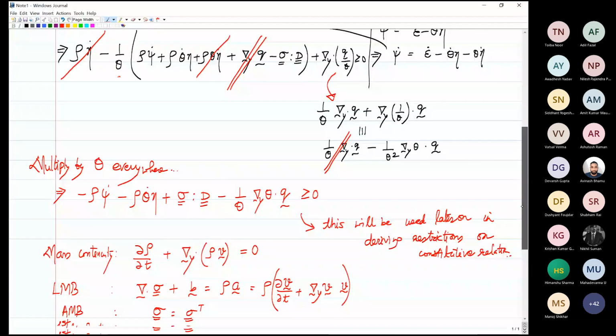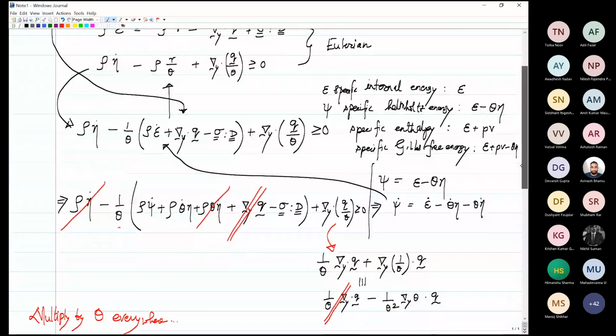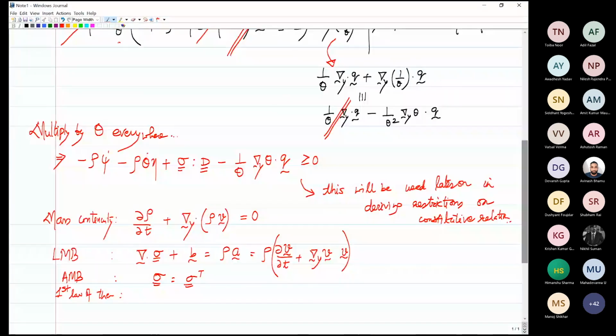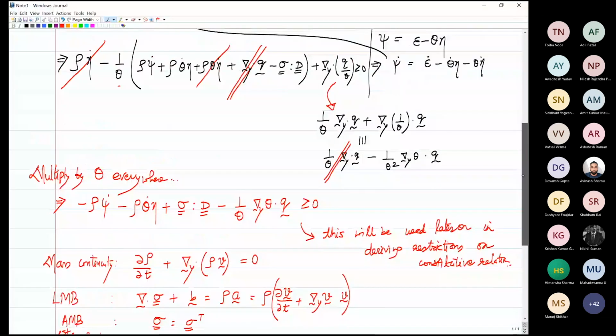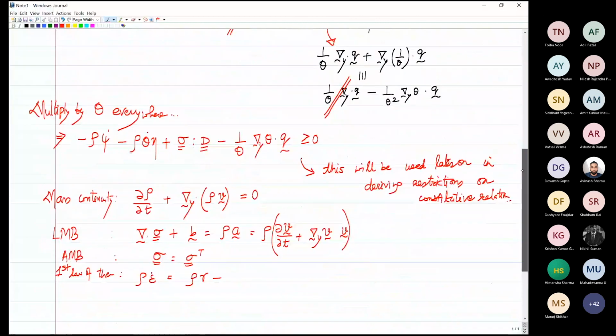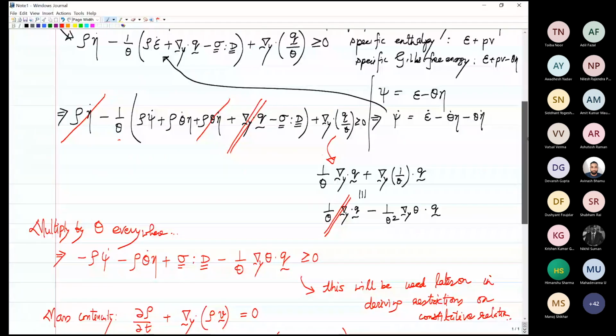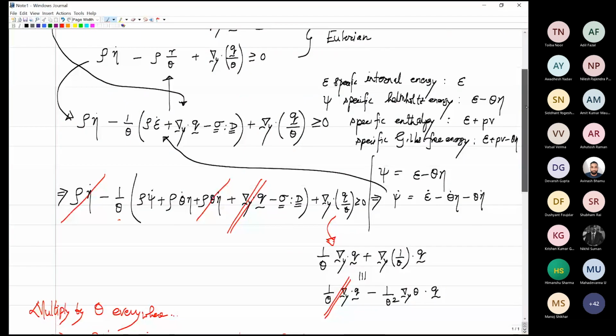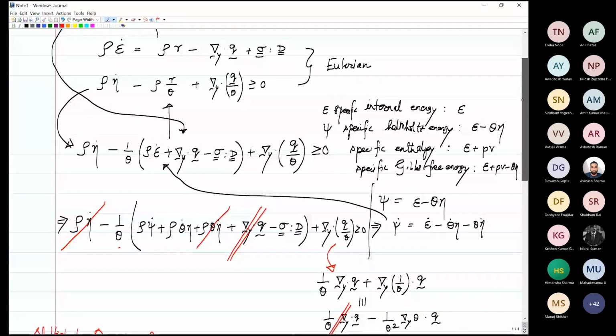Rho times epsilon dot is equal to rho times little r minus divergence of q plus stress power.